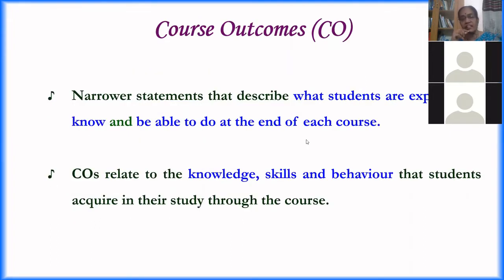Just another recall, course outcomes. What are course outcomes? They are nothing but the statements that describe what the students are expected to know at the end of the course and what they are able to do at the end of each course. Whenever I say outcome, it should be related to the knowledge, skills, and behavior or attitude towards that particular program or course.